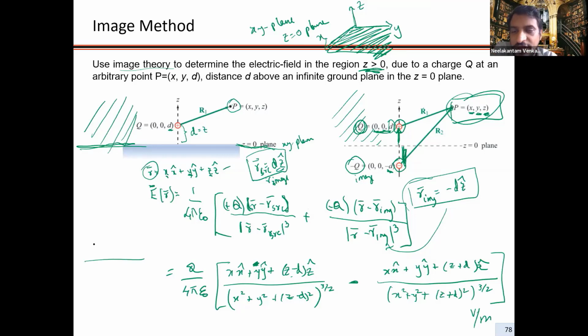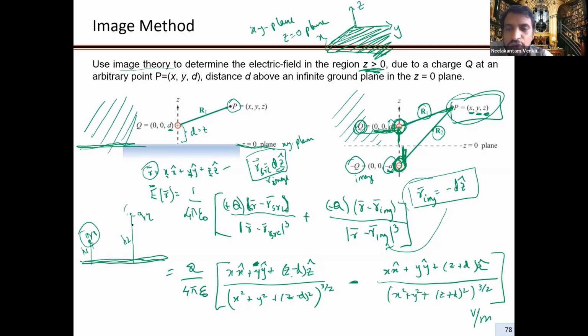If you have, let's say, a plus q1 charge here, and let's say minus q2 here, at a height of h1, and this is at a height of h2. Then you're going to have, this is the metal surface. So there are two source charges, so you'll have two image charges.